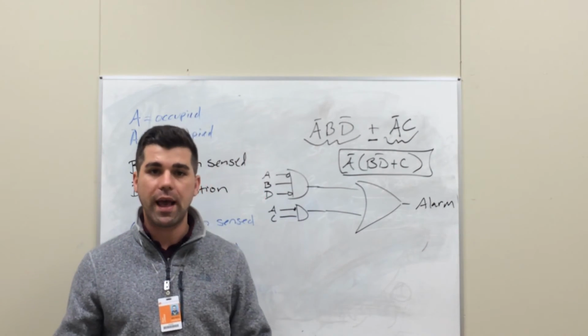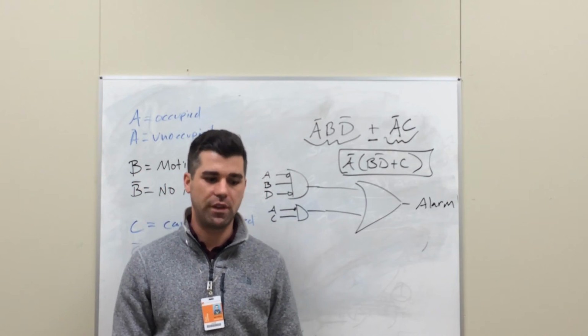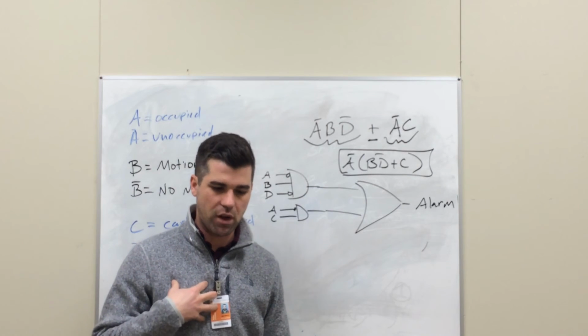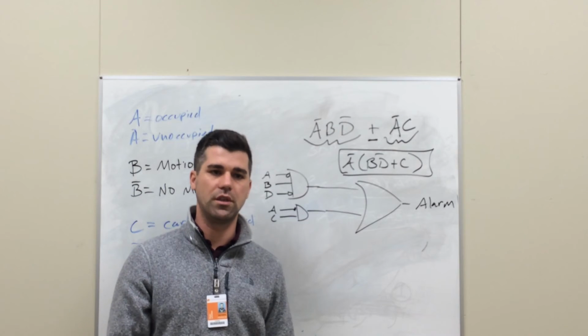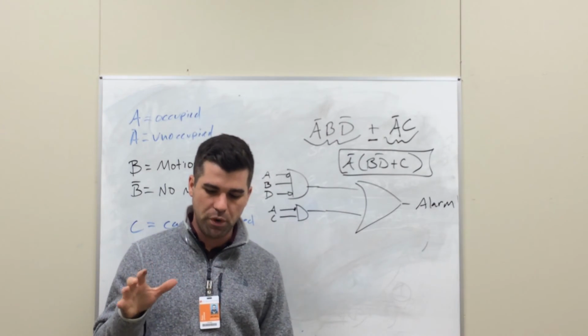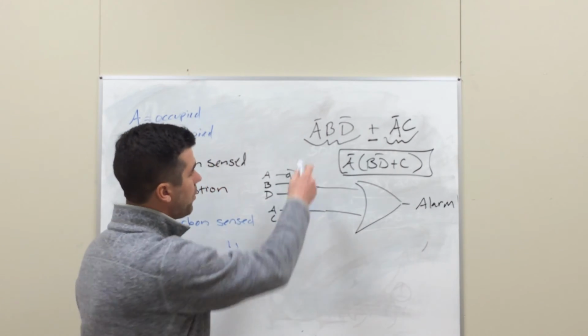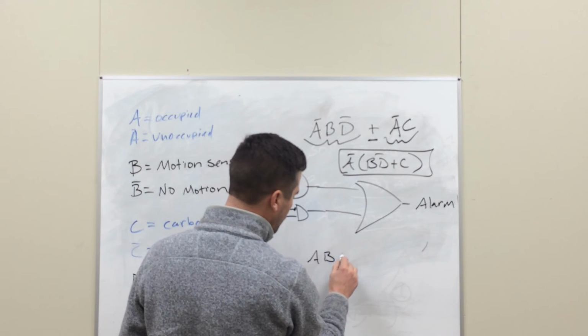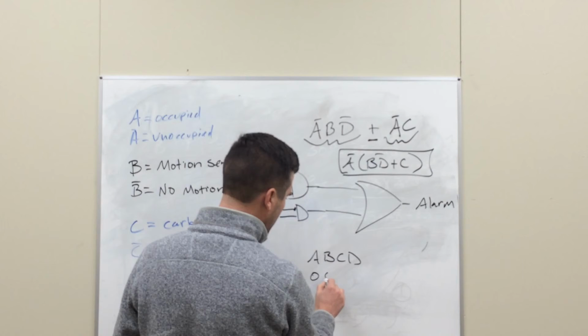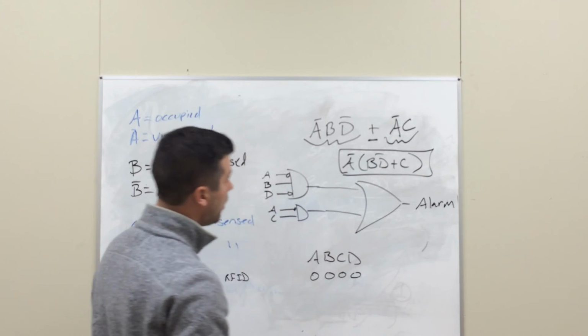If you wanted to go in after and fill out a truth table for this, you could. You would just have to understand that since all the inputs are mutually exclusive, you don't need all of the input terms. So for example, this term here, all right? If you drew up a truth table, all right?